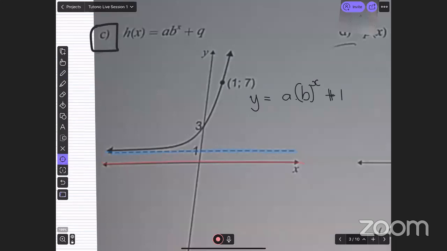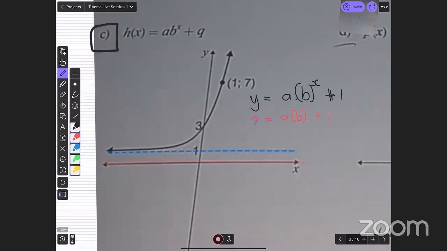So what else can we do? We can sub in a coordinate, 1 and 7. So we can sub in 7 equals A times B to the power of 1, plus 1.